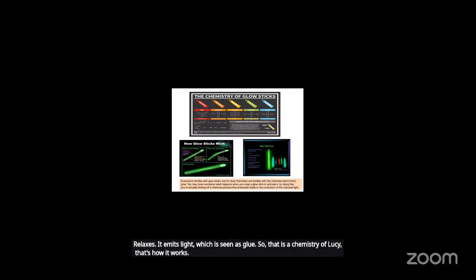Whenever an intermediate is unstable, it has to stabilize. Stabilizing, it emits CO2 and energy. When that energy relaxes, it emits light, which is seen as glow. That's how it works. We will also talk about the uses of the glow stick. Ask your question for now.